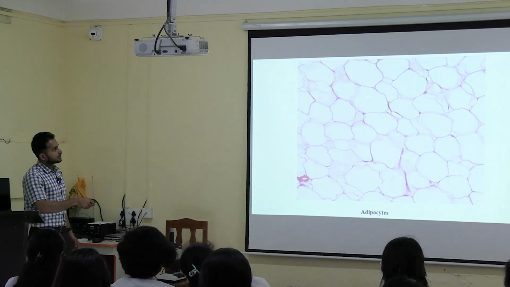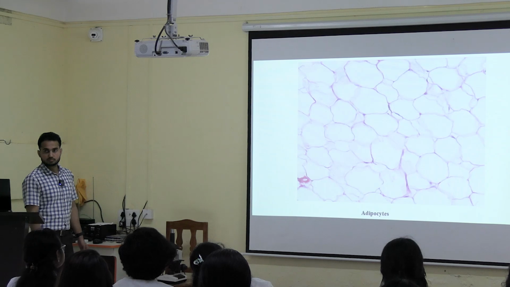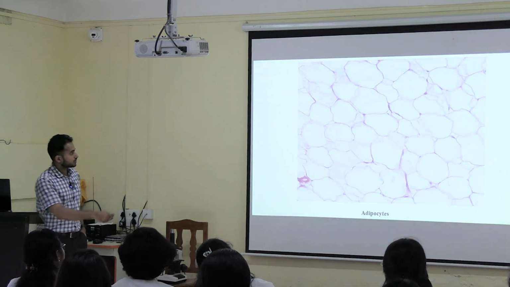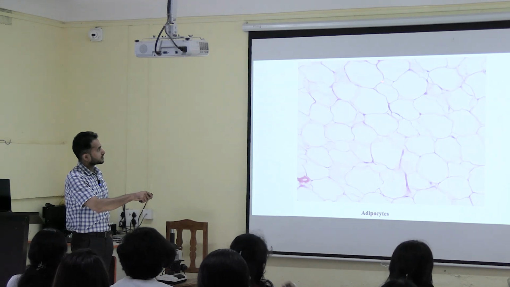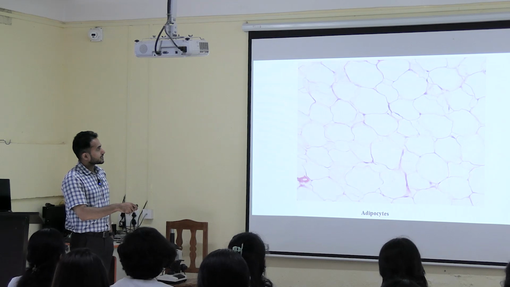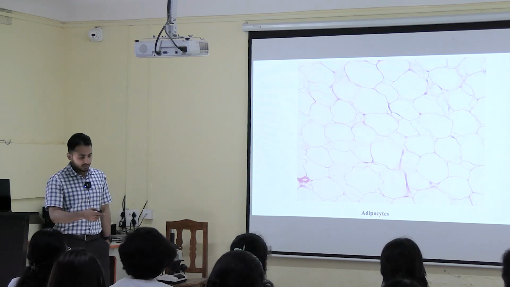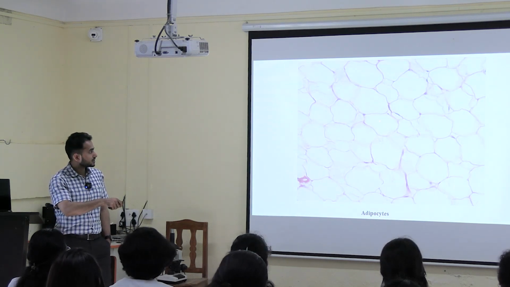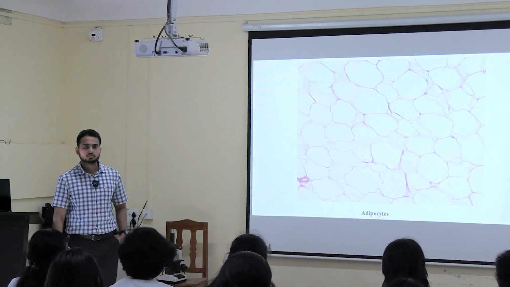Now, why are these particular parts empty? Anyone? Okay, so you can see these are the adipocytes. Now, you can see the cell membrane. You can see the nucleus also, right, which is pushed towards the periphery, and the middle of the cell is totally empty. Okay, why?